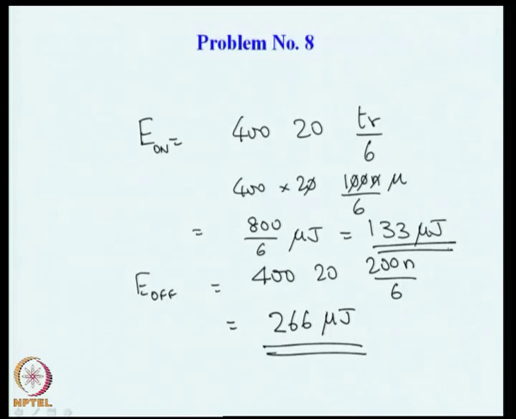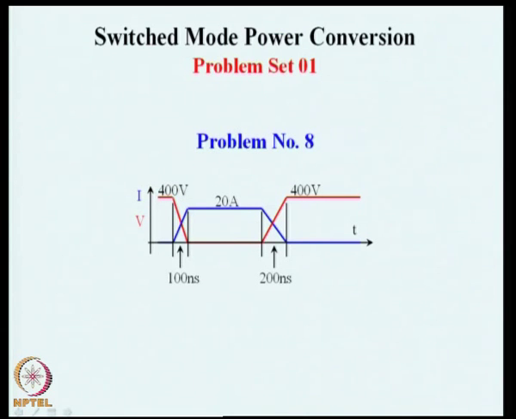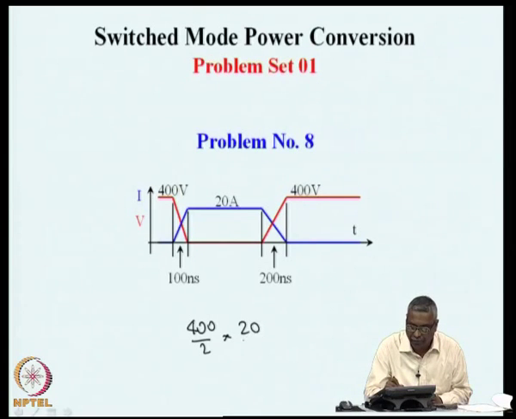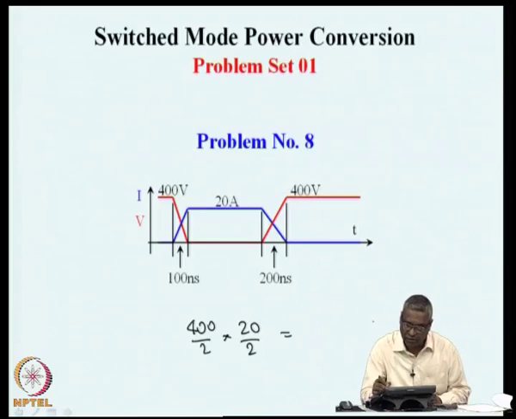So, the important point to be seen is that when the voltage is falling linearly and the current is also falling linearly, the peak power dissipation occurs somewhere in the middle, and that peak power is 400 by 2 multiplied by 20 by 2, which is 400 into 20 divided by 4, roughly 2000 watts.